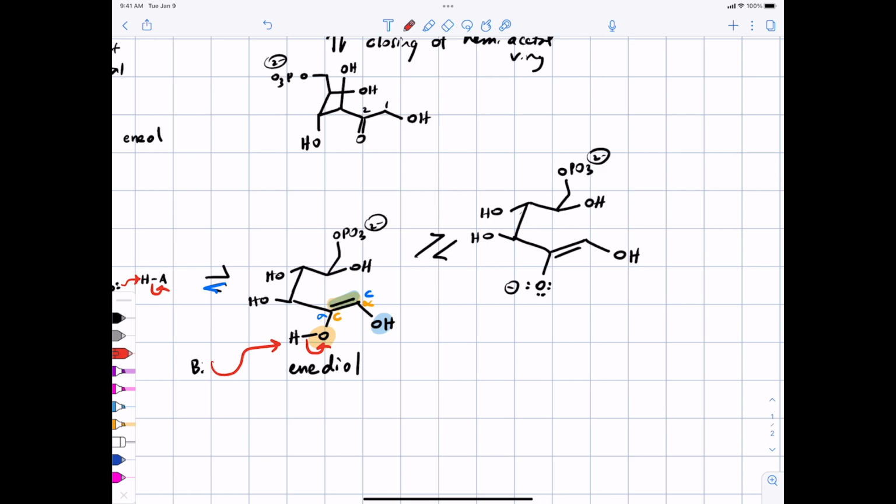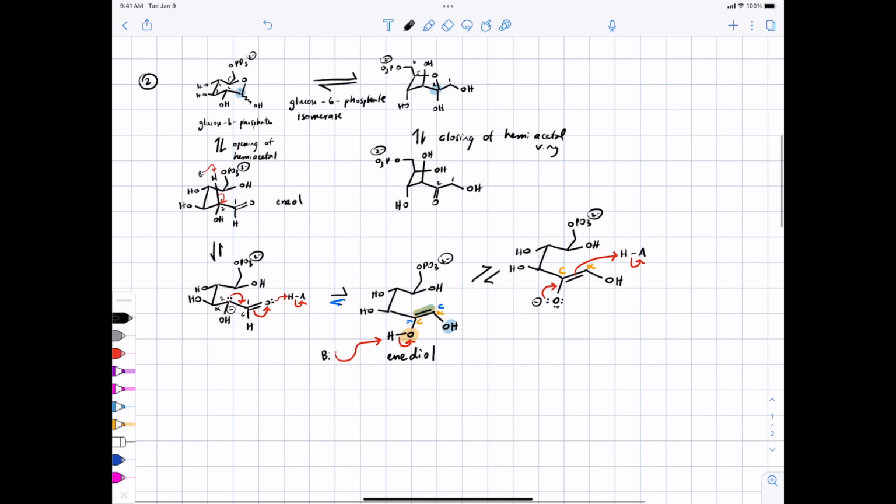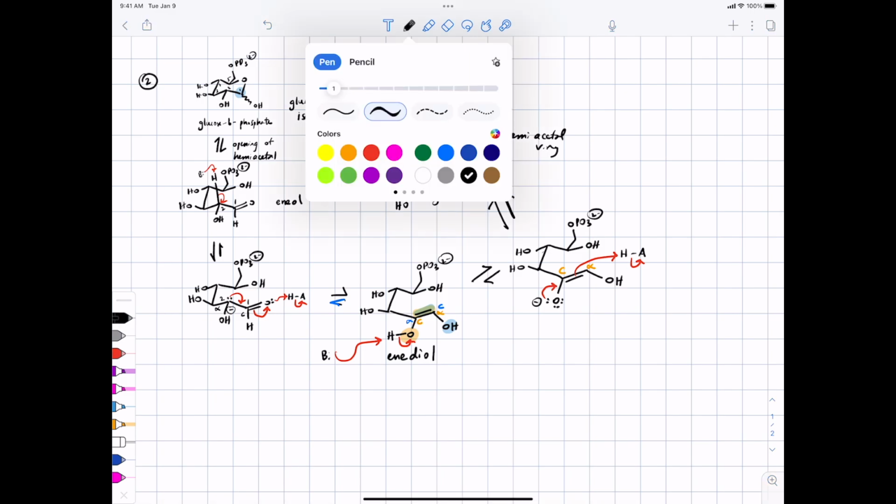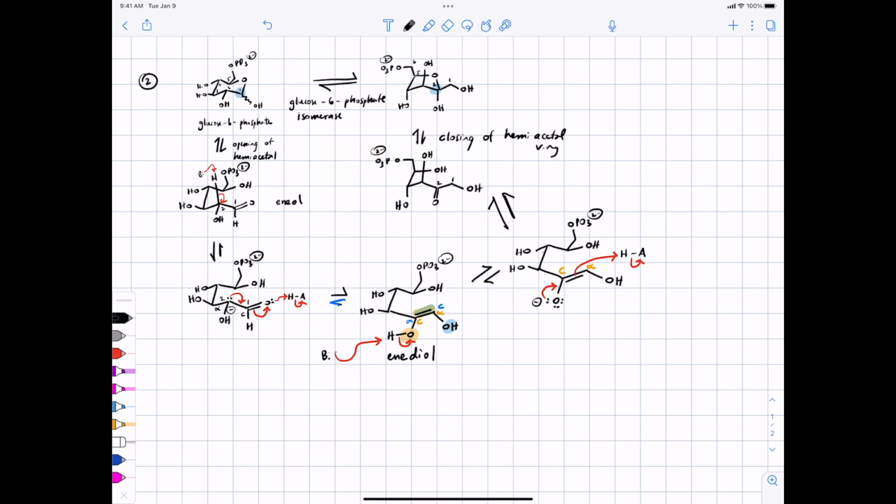So now if we kick these electrons down and protonate on the orange alpha carbon, that gets us to the product. And the product is called fructose 6-phosphate.